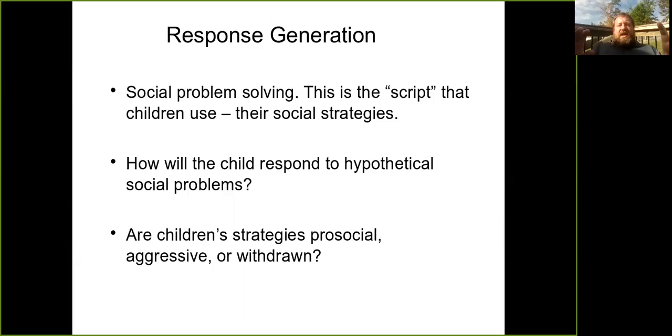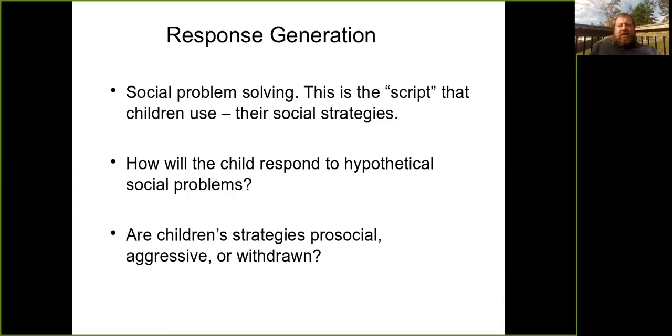Now, Dodge adds another step before enactment, and that is the evaluation of the response. This involves some self-efficacy: if I tried this, would it work for me? Studies have shown that children over third grade or so, if you ask them to select which strategy would work best, those who select more pro-social strategies demonstrate higher levels of peer acceptance. Those who endorse the more aggressive strategies do show more aggressive behavior.